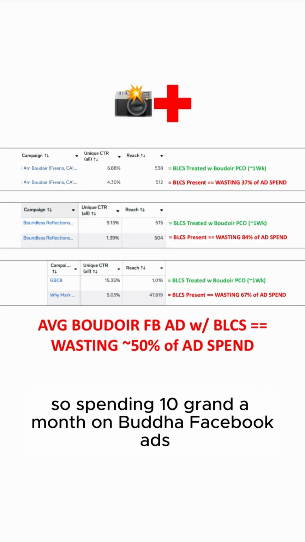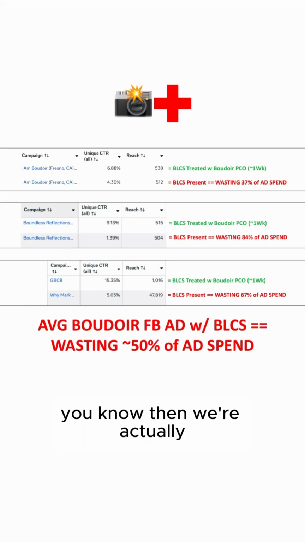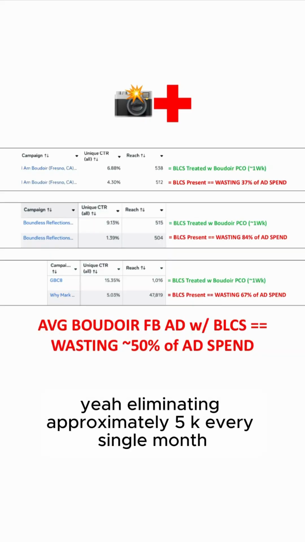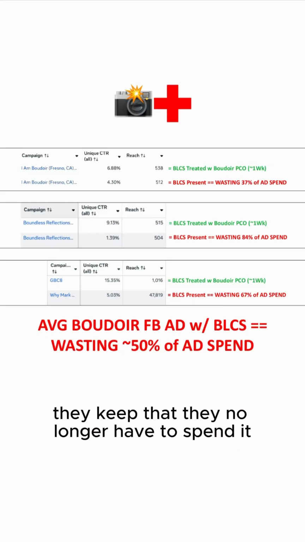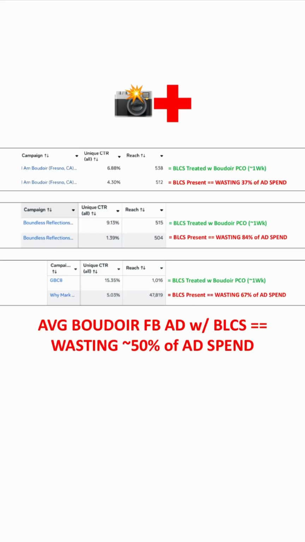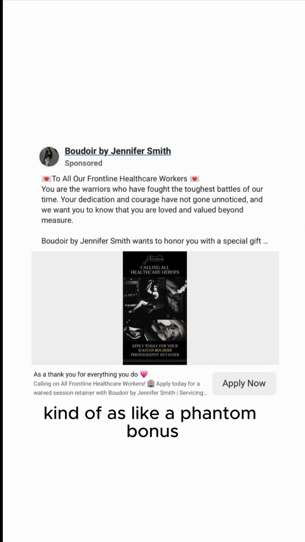So if you're spending 10 grand a month on Boudoir Facebook ads, then we're actually eliminating approximately 5K every single month back in the Boudoir photographer's pocket. They keep that, they no longer have to spend it. And it's approximately a 60K bonus over the next year.